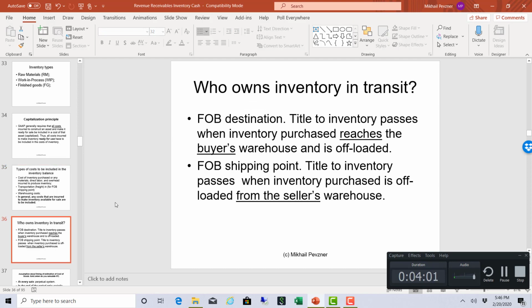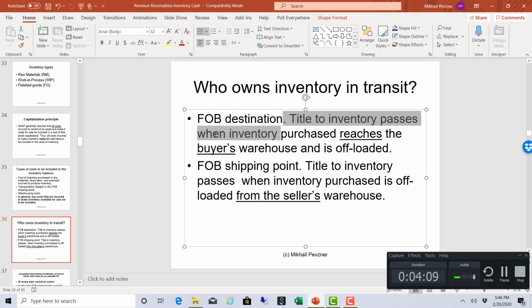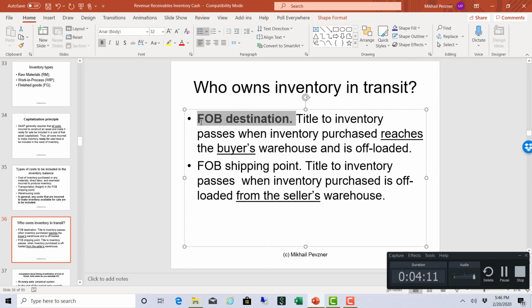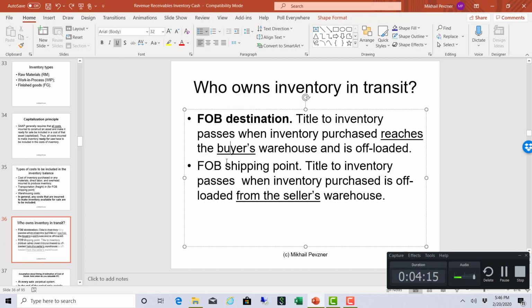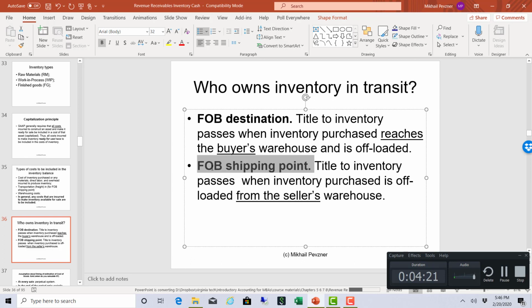We already talked in the previous chapter a little bit about inventory ownership in transit. We talked about two types of contracts, or transportation contracts, if you will: FOB destination and FOB shipping point. In an FOB destination contract, title for the inventory passes from the seller to the buyer upon delivery.